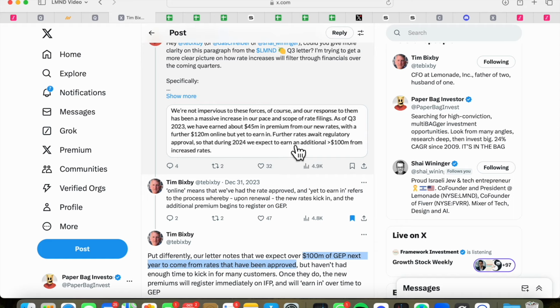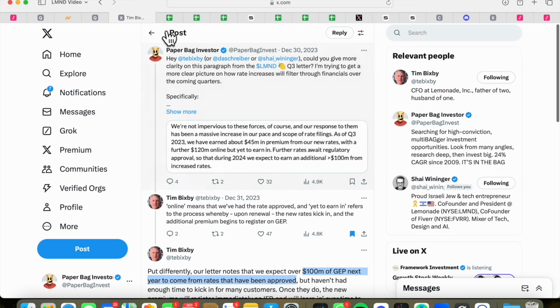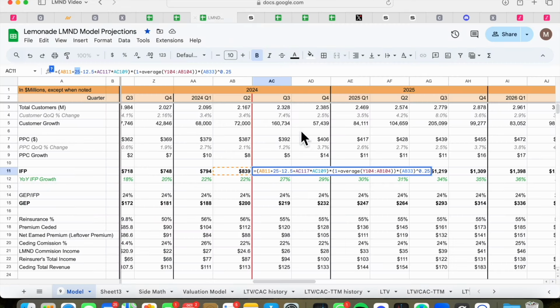So when I've been modeling this out, I'm assuming as people renew policies, whether a renter's, pet, home, or car policy, the rate increase kicks in and right away increases their in-force premium a certain amount. So I'm estimating, based on this number, about 25 million a quarter across this year.